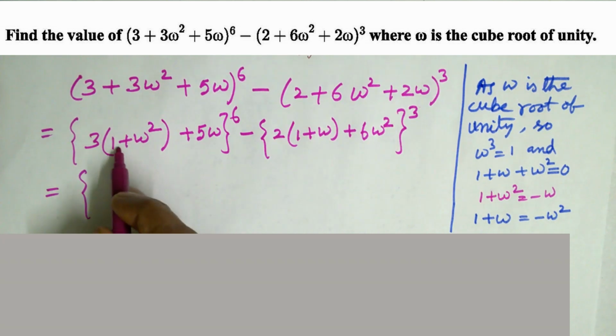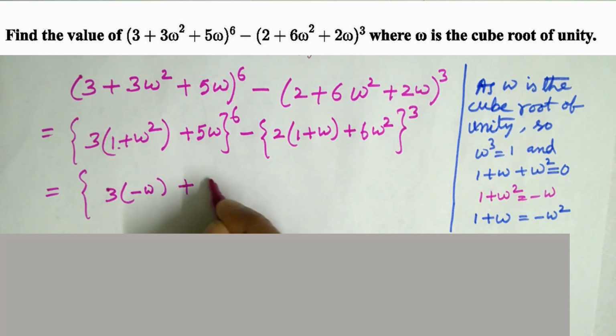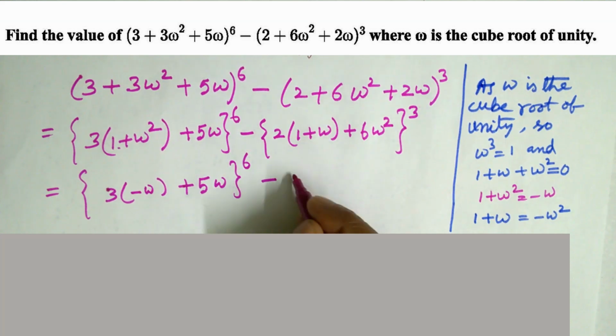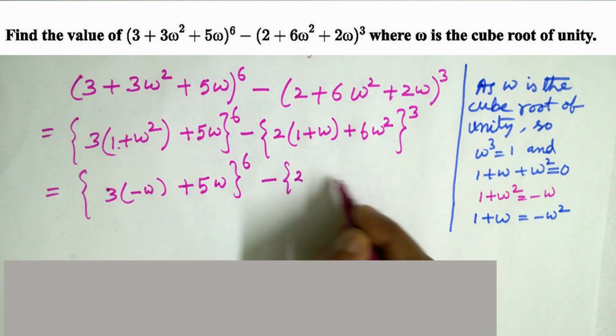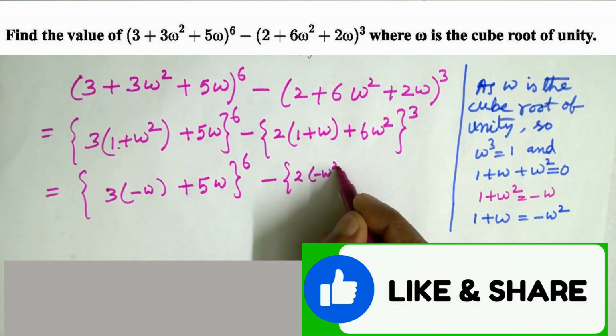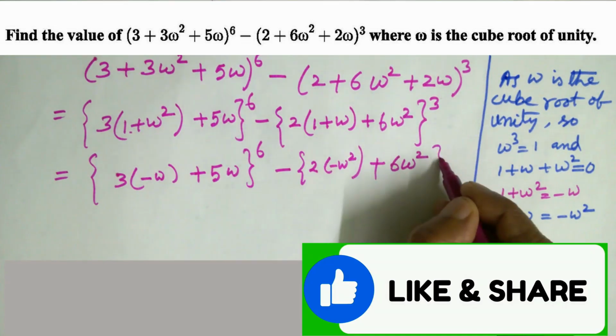Now put the value of 1 + ω², that is equal to −ω: 3 into −ω plus 5ω, whole to the power 6, minus [2(1 + ω) = −2ω² plus 6ω²], whole cube.